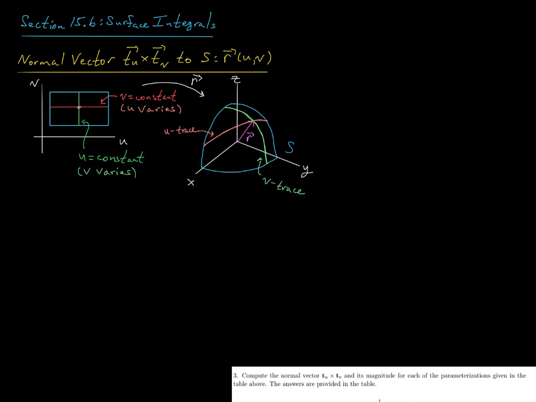And let's say I want to know the rate at which this position vector is changing. In other words, I want to know the velocity in the direction of increasing u along this red u trace. Well, for that, I should take the derivative, right, of my position vector r with respect to u. It's really a partial derivative because we're holding v constant and we're letting u increase, okay?